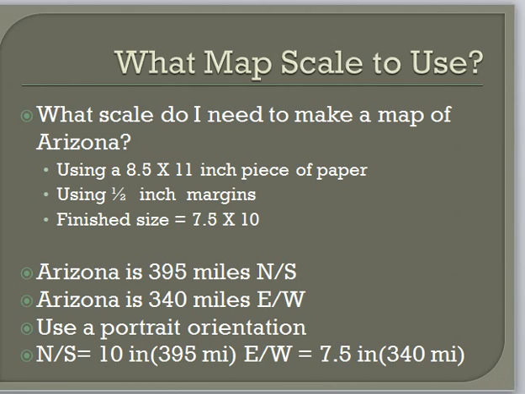And I want to use a 1/2 inch margin around the paper. So my print area, the finished size, really, I'm going to take 1 inch from each of those measurements. So I really only have 7.5 inches by 10 inches to print my map.